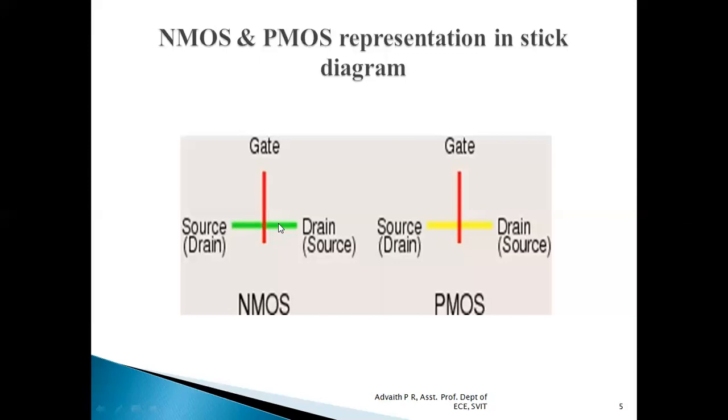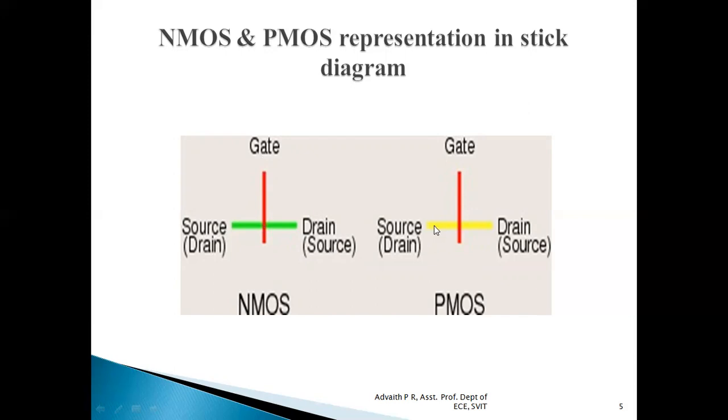When this N-type diffusion is crossed by polysilicon, we get an NMOS transistor. The polysilicon terminal is always taken as the gate terminal. To the left of that gate terminal, we can represent either the source terminal or the drain terminal. To the right of the gate terminal, we can represent either the drain terminal or the source terminal. It is left to us.